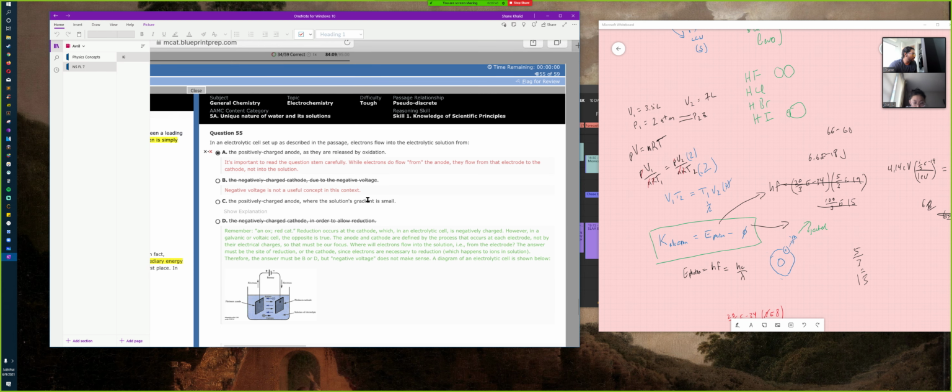So for this one, they're just saying that "an ox and red cat" are always true. You just have to think about when the thing is happening, right?